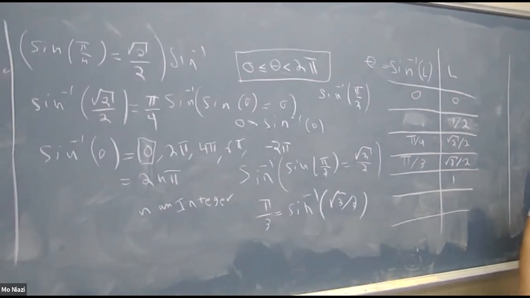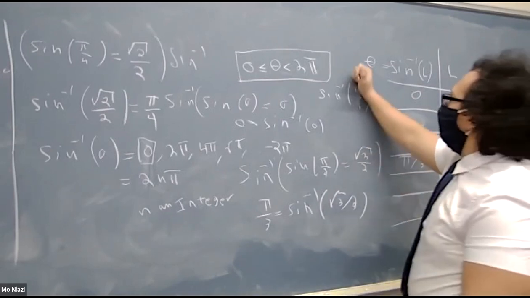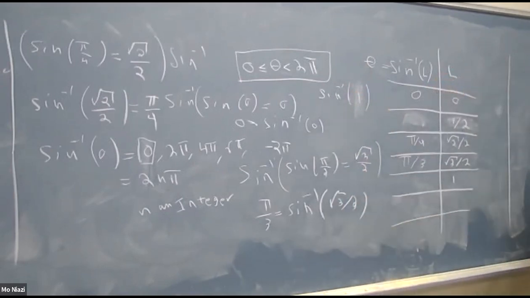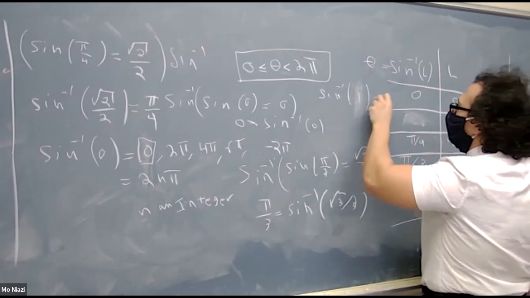Sine inverse, oh, no wonder you're confused. So now does this make sense? You're inputting a length, and it's outputting an angle. It's saying at what angle is the length of sine equal to 1? I had just written the answer in those parentheses.